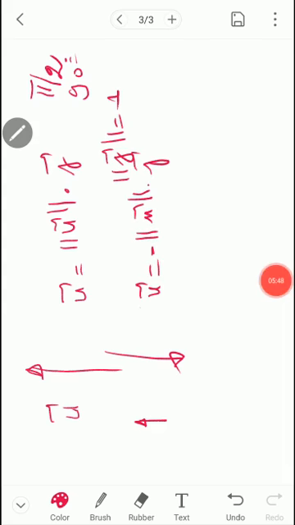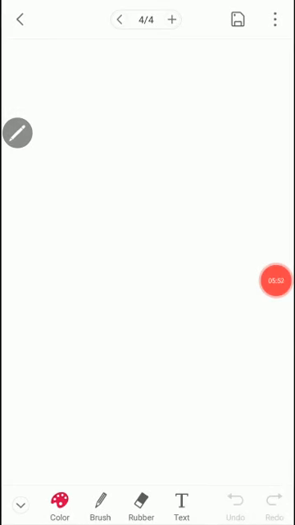If it is in the opposite direction, we will have minus the magnitude multiplied by J.